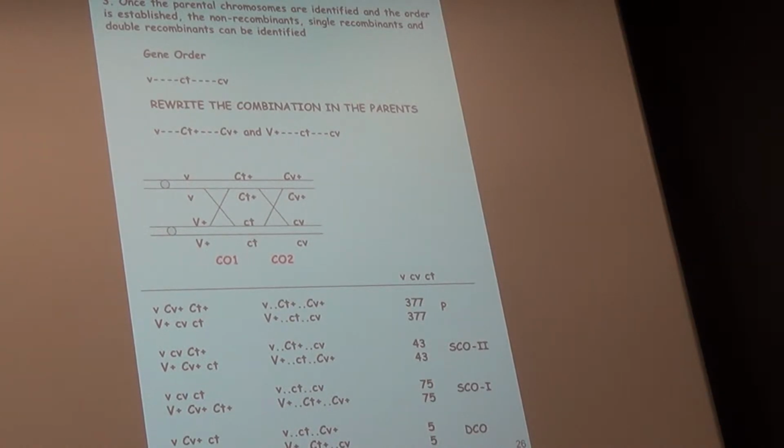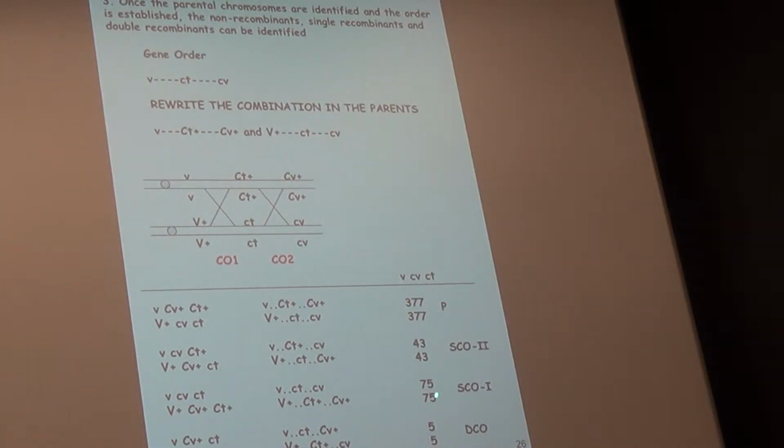So what's the distance between the genes? Well, it's always recombinants over progeny. So in this instance, for this class here, it's SCO1 plus DCO over the total. You add the double crossovers to the single crossovers because there was a crossover here in this class, and it was right there.